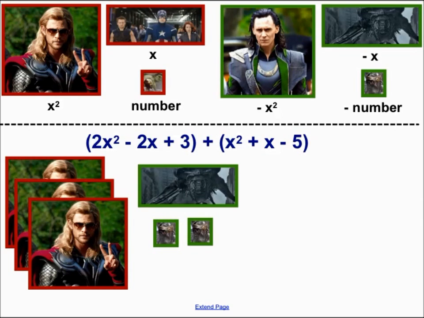Okay, so now we have 3 Thors, and Thor is x squared, so we have 3x squared. Now we have one of these big destroyer guys, and those are minus x, so we have minus x. And now we have two of the Chitauri, and the Chitauri are just negative numbers, so that'll be minus 2.